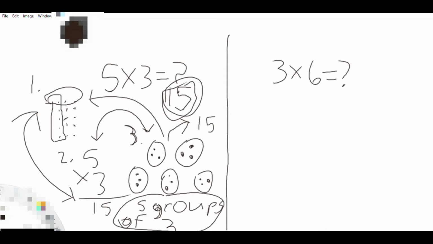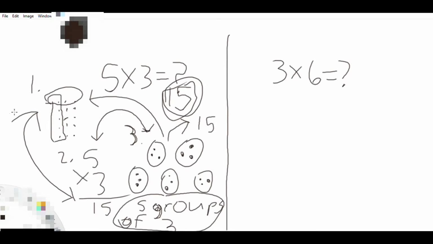So if you don't want to do the standard algorithm, and you want to do a problem like 5 times 3, like we just did together, then you could do the array, or this idea, or other ideas that you know.